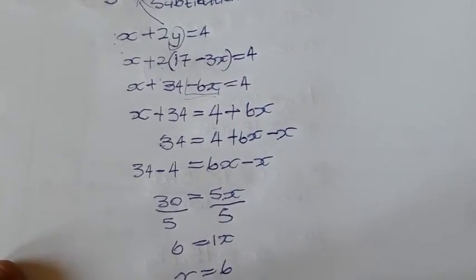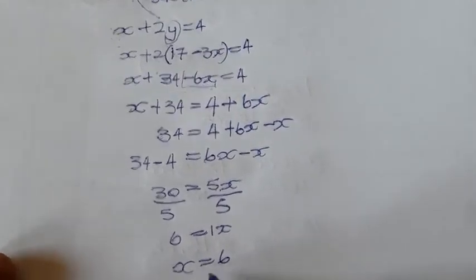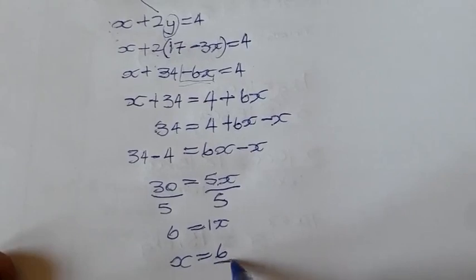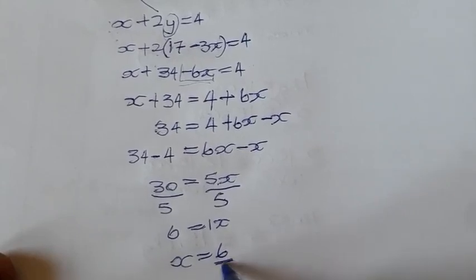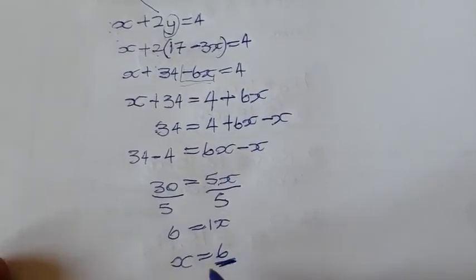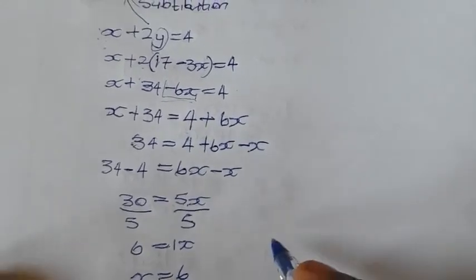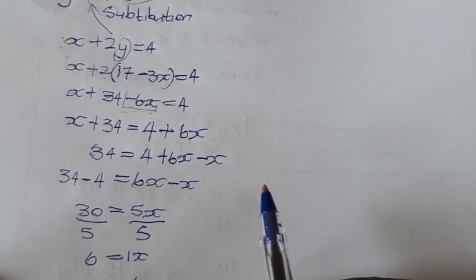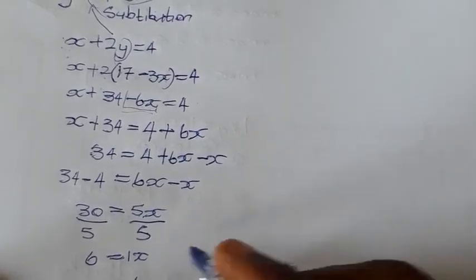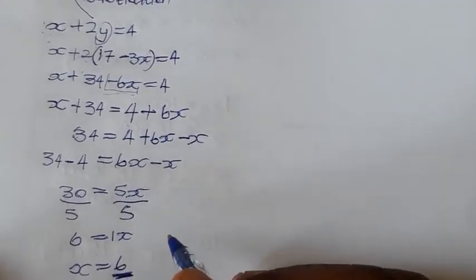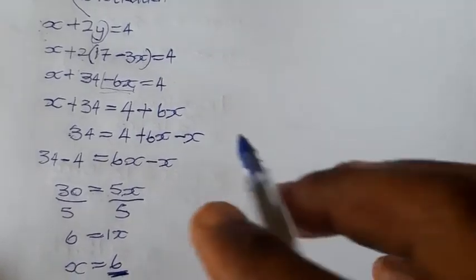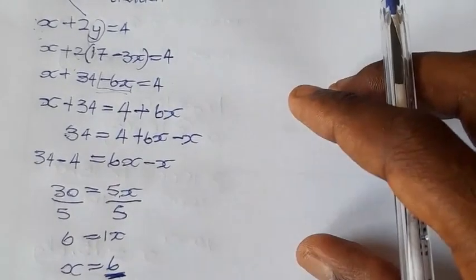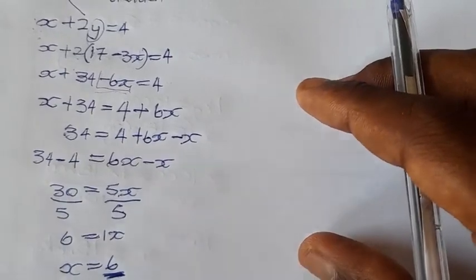This is how you find x. Now you already know what x is. X is 6. We just figured out what our x is. Since we have figured out that our x is 6, now we are going to figure out what our y is.